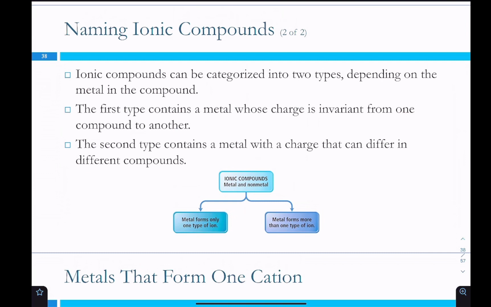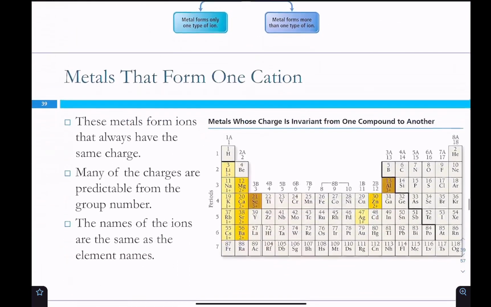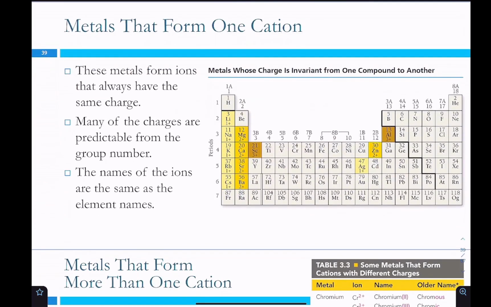The second type, and all of the other metals on the periodic table fall into this category, can form different charges depending on which compound they're a part of. So you either have to be given what the charge is for that ion, or you have to figure it out from the formula. But we're going to start with the easier ones, metals that form one cation. So these ones always have the same charges.